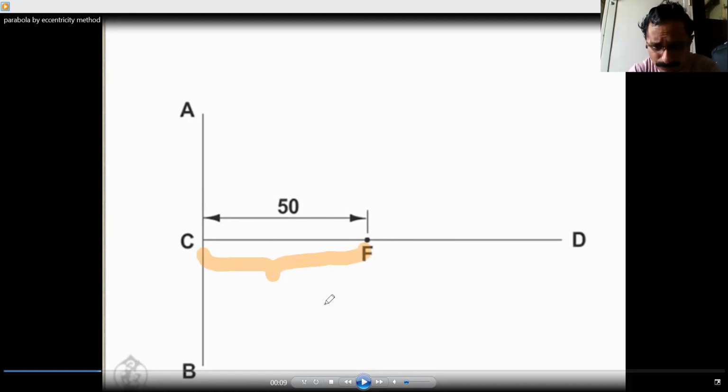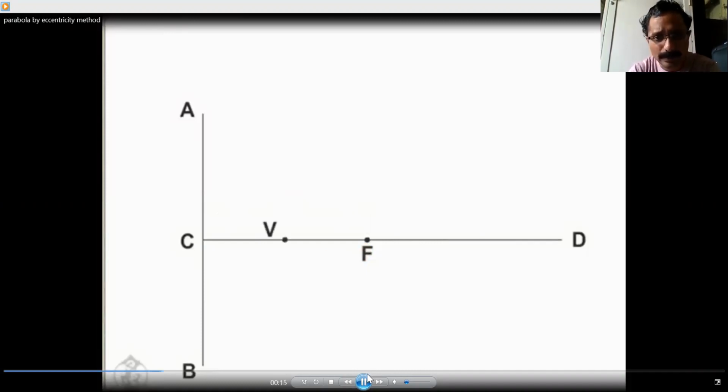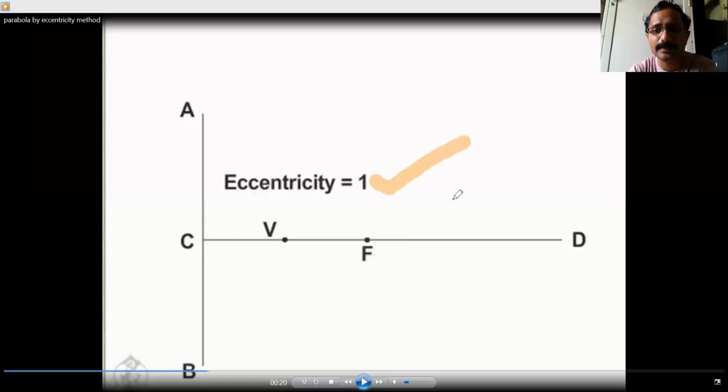If you observe the vertex location now, that is located at exactly the center of the VF. Now I want to observe the eccentricity value, because for parabola eccentricity is equal to 1.